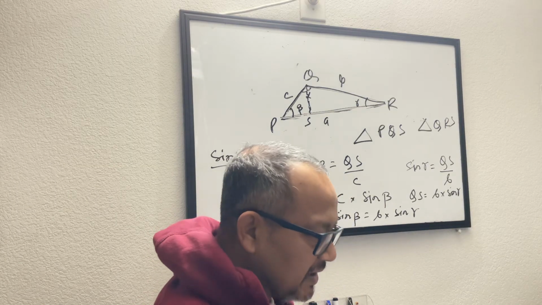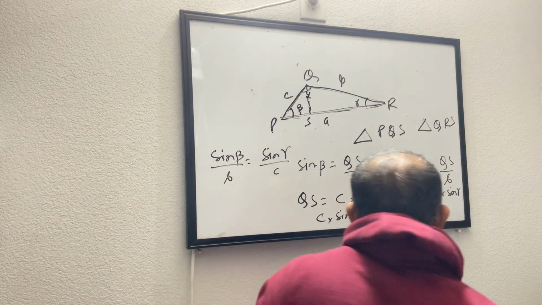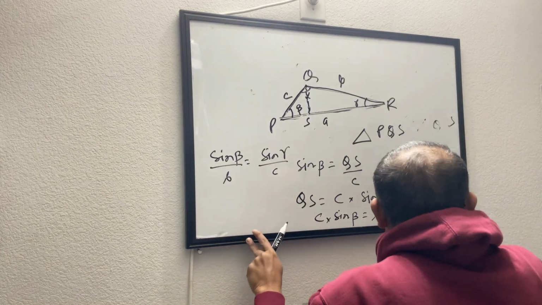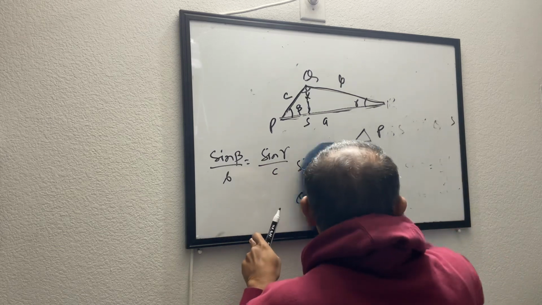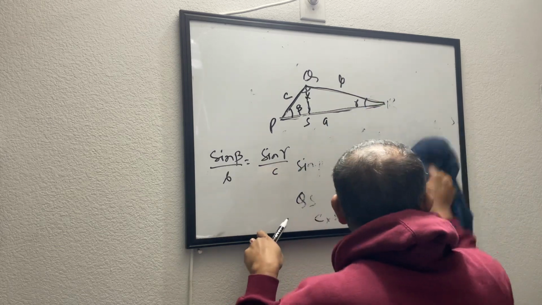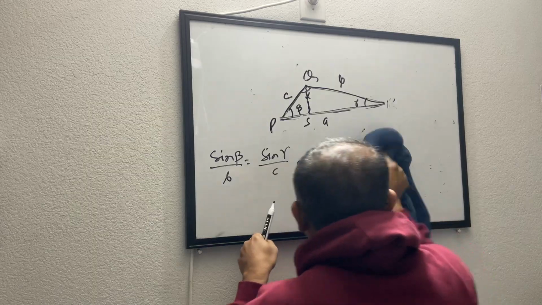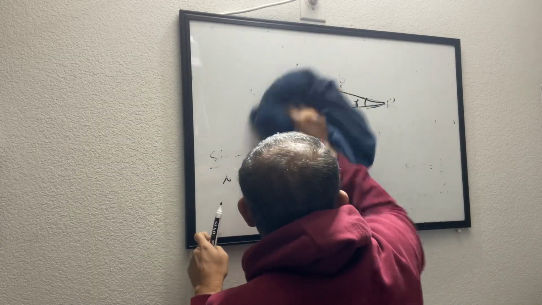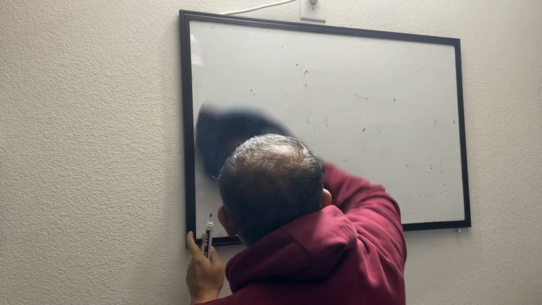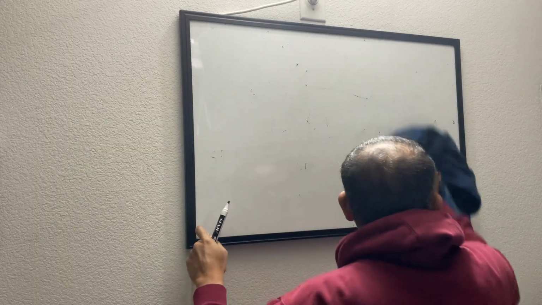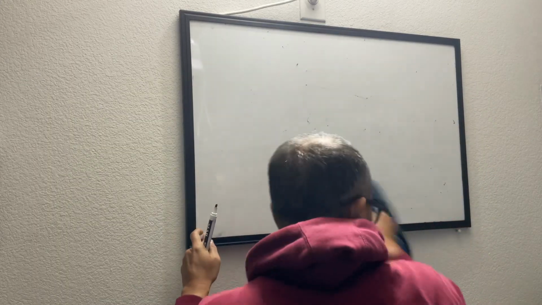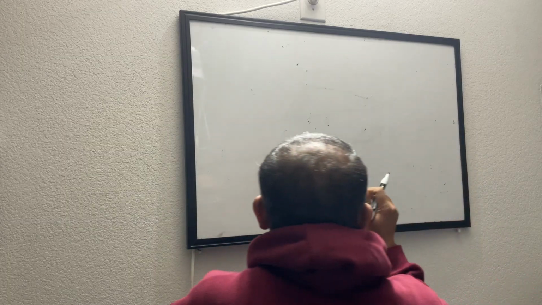Correct? So we are generalizing this and saying that from this we learned and we can appreciate that the law of sine holds enough water to be believed. Now, you will not have to prove this formula anywhere.